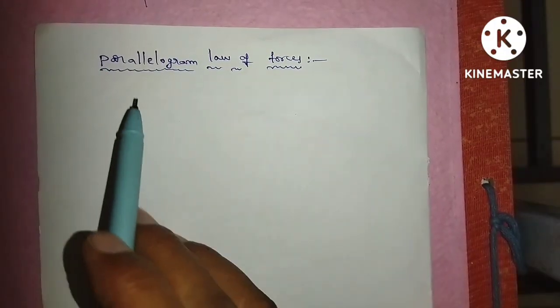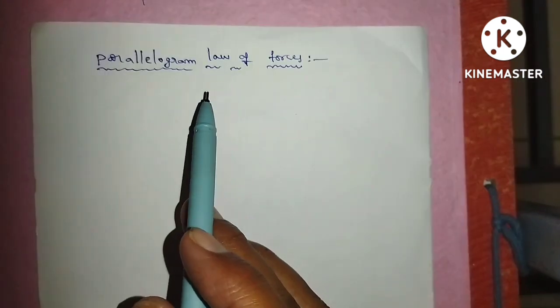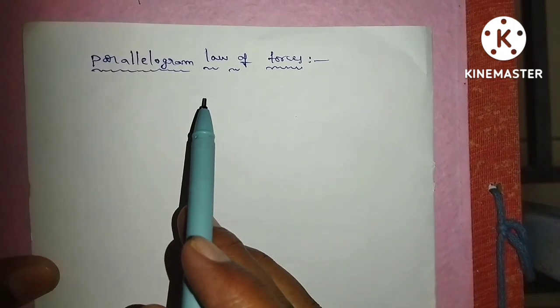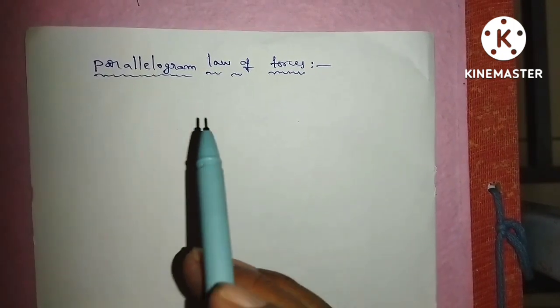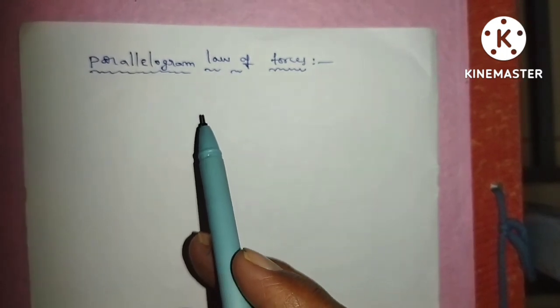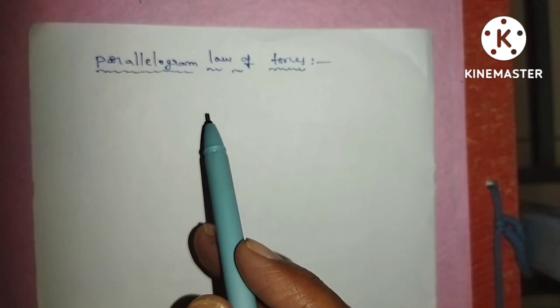Today we are going to discuss the parallelogram law of forces. This is a very important topic in engineering mechanics. It is mainly used to determine the resultant of two forces which are acting at a point.